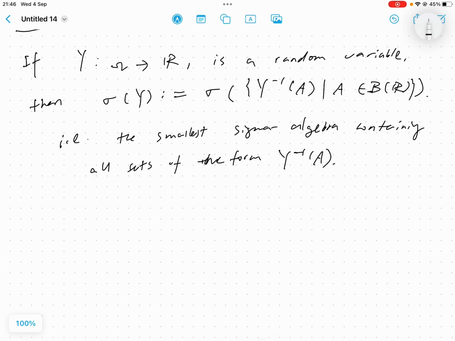Another way of characterizing this sigma Y is to say that it is the smallest sigma algebra that we can put on omega that makes Y measurable, right?